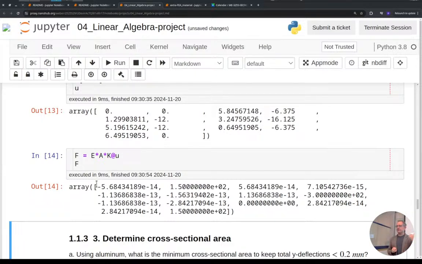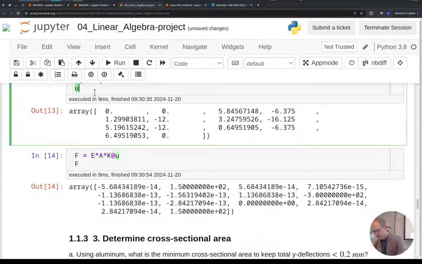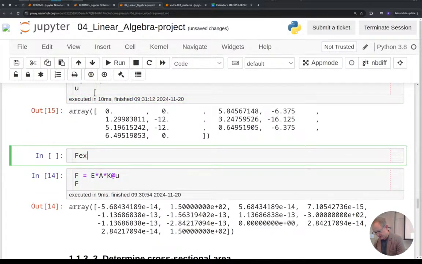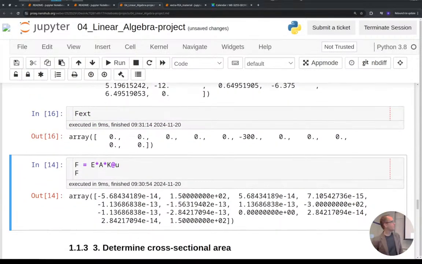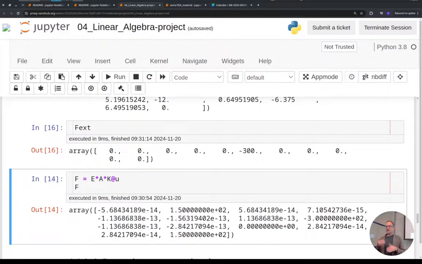Now let's look at FEXT. Originally our force vector looked like this. This was all of the applied forces. And now I'm solving for all the applied forces plus reaction forces. Everything that's 10 to the negative 14, 10 to the negative 13, those are just floating point errors that all stacked up.